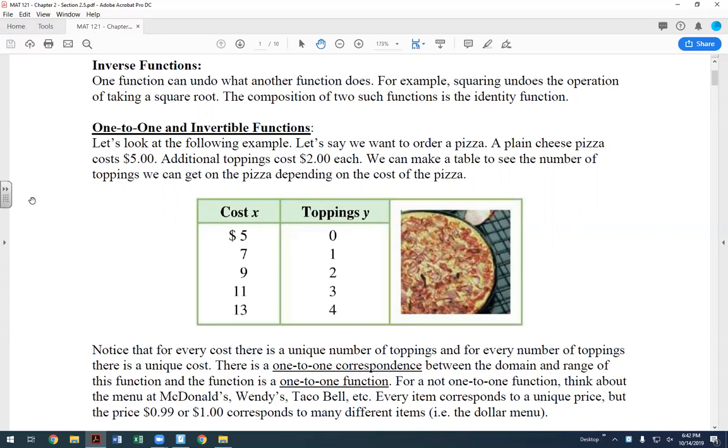So if we're paying $13, I know $5 is going to be for the base cheese pizza, right? Basic, no toppings, nothing. So that means if I'm paying $13, how much extra am I paying to get toppings on there if $5 is the base price?